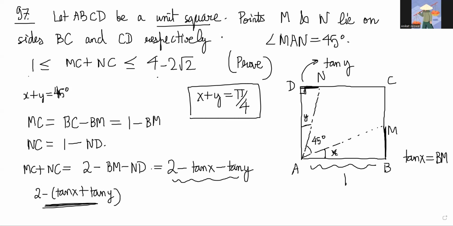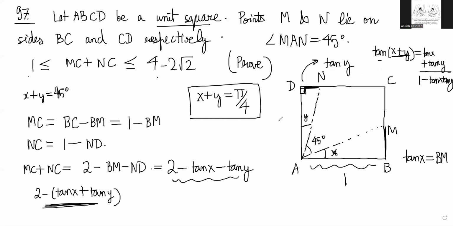So we have a formula for tan of X plus Y: tan X plus tan Y upon 1 minus tan X tan Y. Because X plus Y is pi by 4, tan pi by 4 is 1. So we know that tan X plus tan Y is equal to 1 minus tan X tan Y, right?